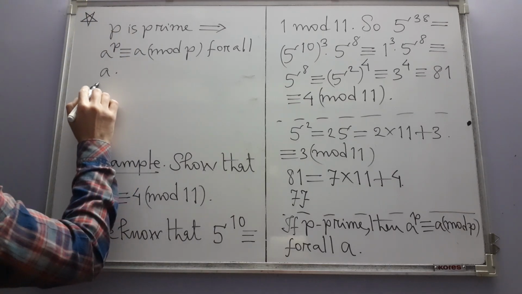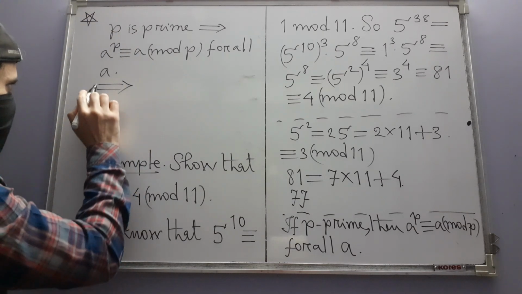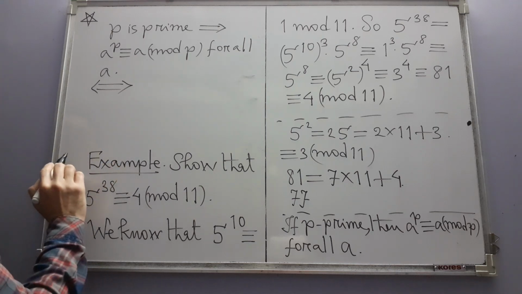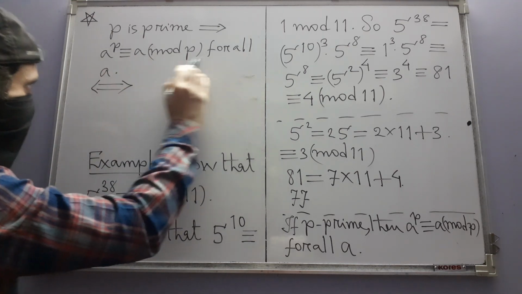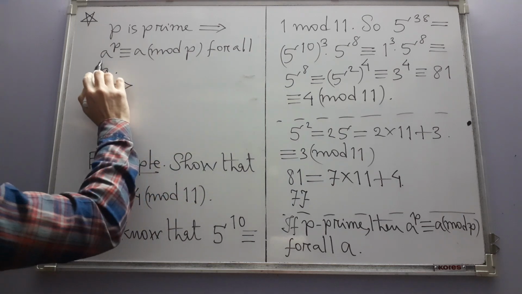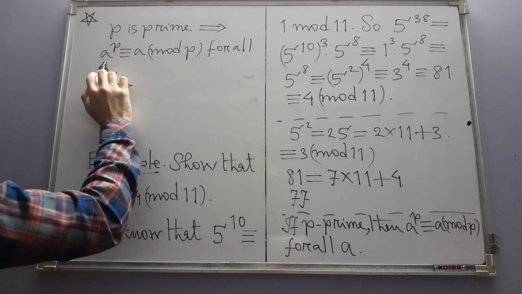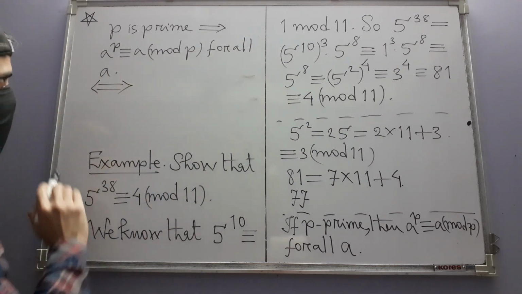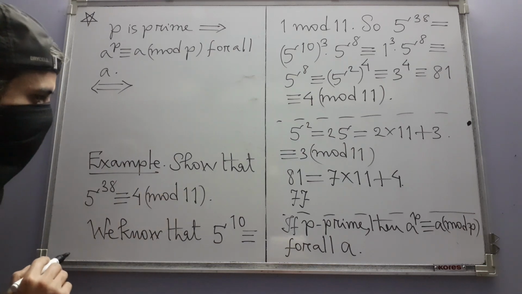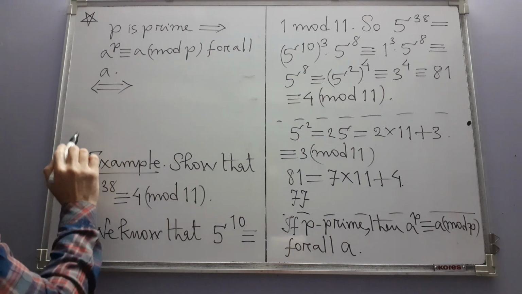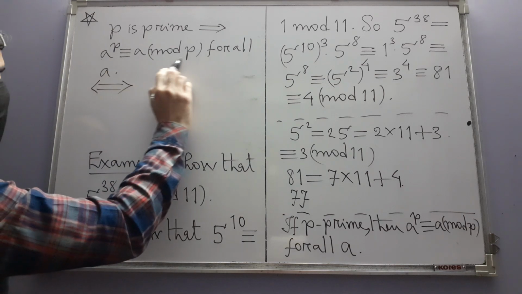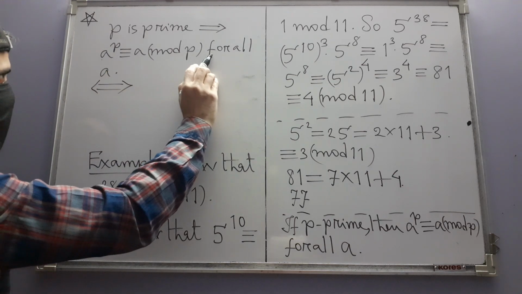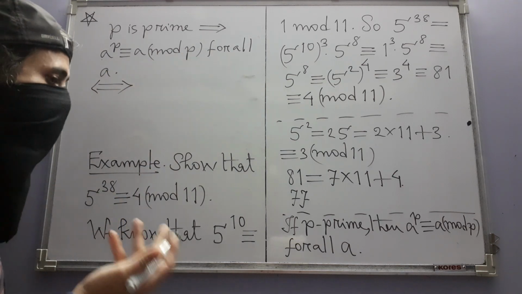And that is why this statement is equivalent to its contrapositive. What will be the negation of this statement? The statement has a universal quantifier, for all. So to form its negation, you just write the negation of this and change for all to for some.